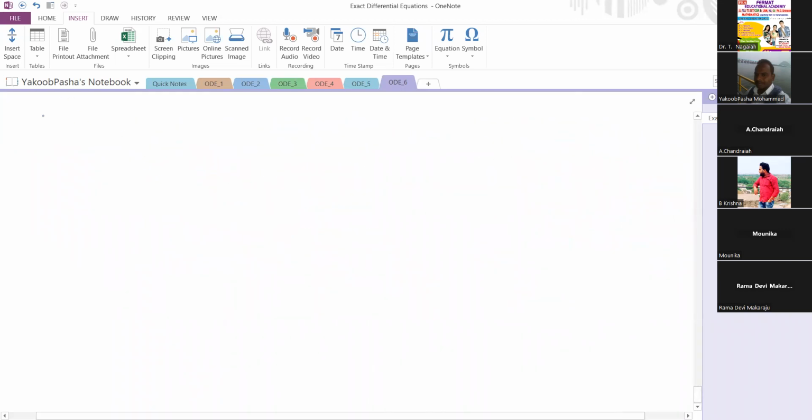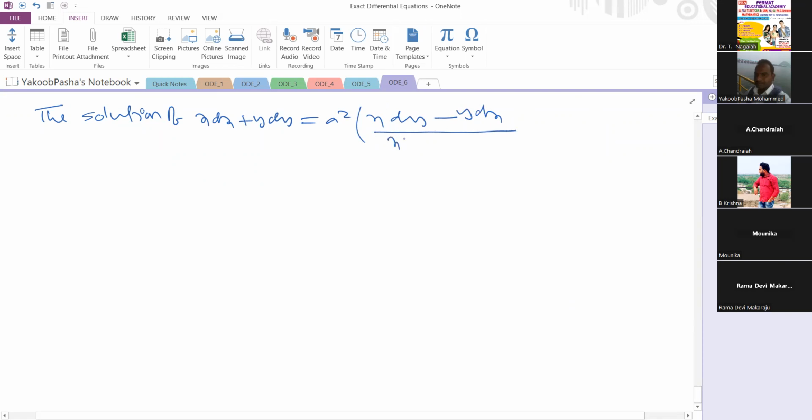The solution of x dx plus y dy is equal to a square into x dy minus y dx by x square plus y square is: first option, x square plus y square is equal to 2a square tan inverse y by x plus c.